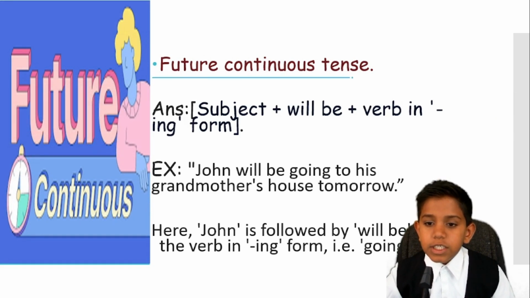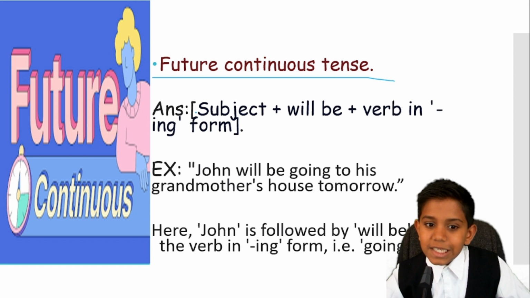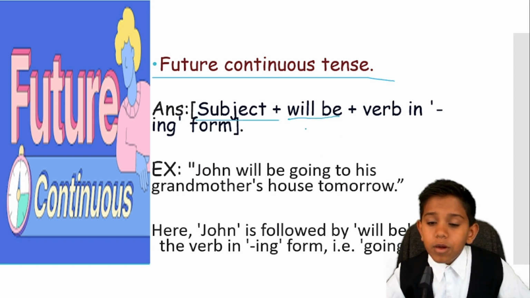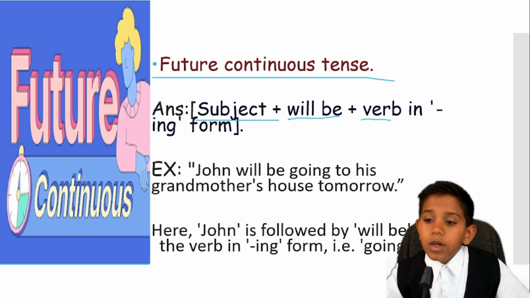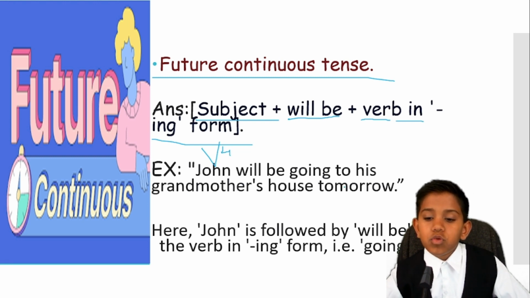The future continuous tense is the next type in the future tense. What is the structure of this tense? It is subject plus will be, also the auxiliary verb, plus the verb in ing form, that is the V4 form. John will be going to his grandmother's house tomorrow.